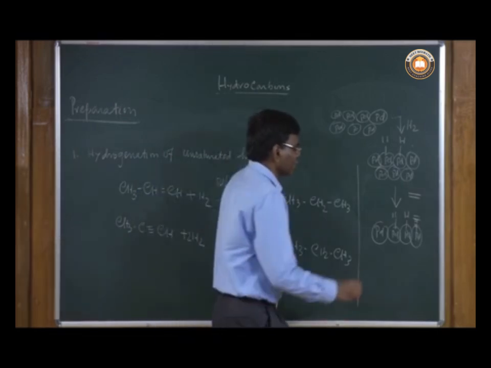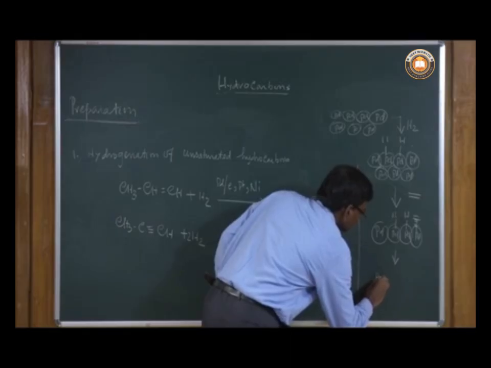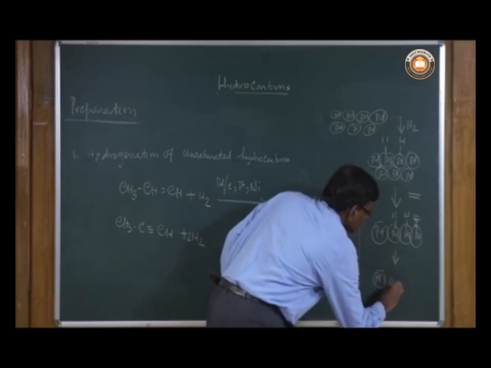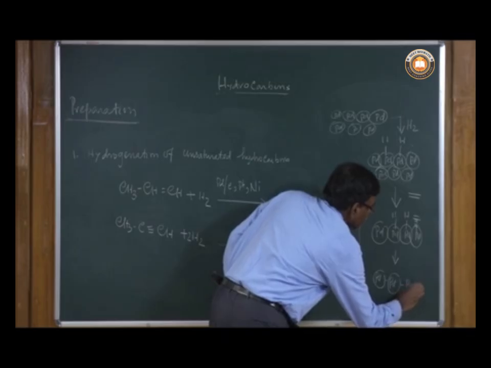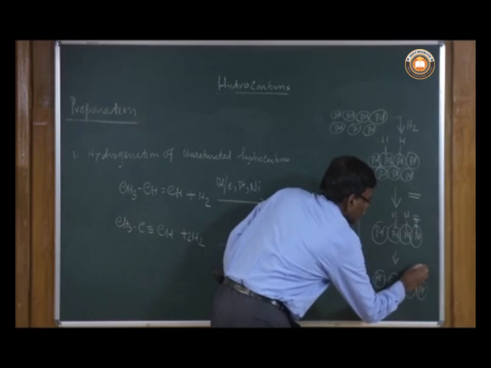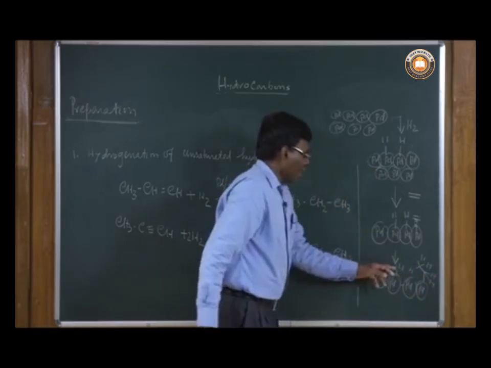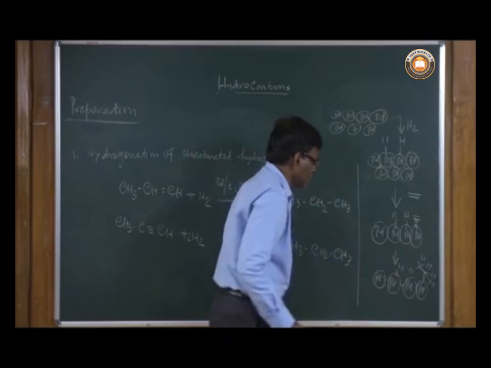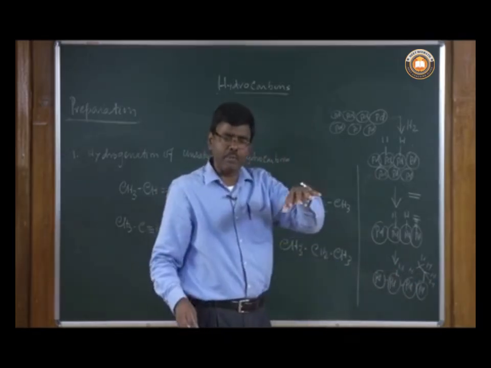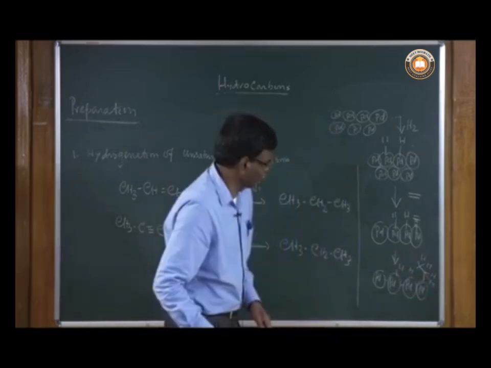Once you form this intermediate, the hydrogen can transfer intramolecularly. Now the hydrogen is transferred to carbon, and you will have this kind of intermediate. You have another hydrogen here that can transfer, since the reaction medium has a lot of hydrogen, it can absorb here and transfer to another carbon.